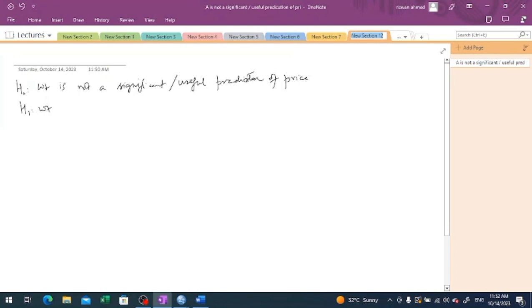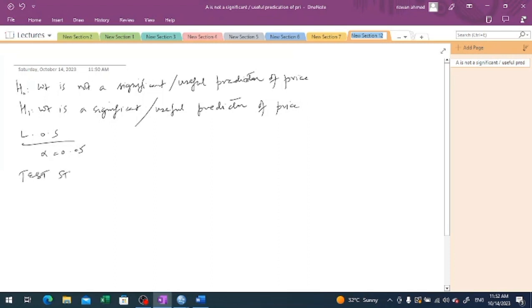So this is understood, we need to mention it as weight of diamonds. Weight is a significant or useful predictor of price. Level of significance alpha equals 0.05.